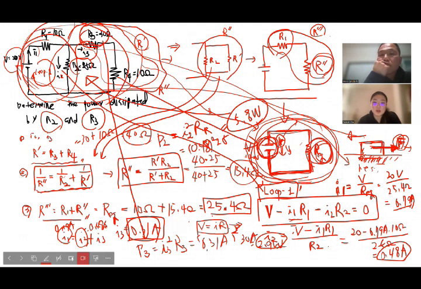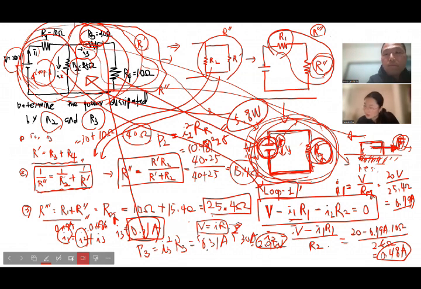Once I found the current, I know the current is going to be the same for R4, and the same for R3, R2, which one? The same.